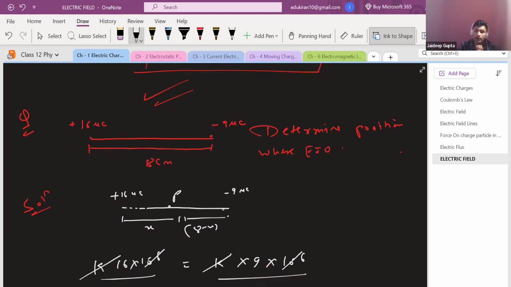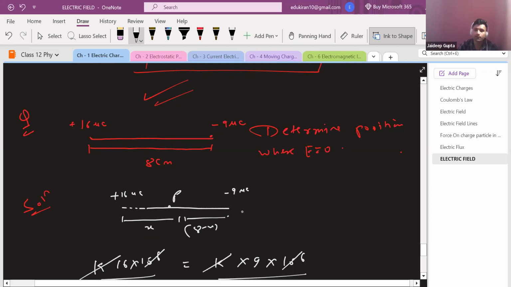But as I told you, if the point lies somewhere between these two charges, it's impossible that the net electric field at that point equals zero. Let P be the point between these two charges. The direction due to the positive charge is towards right, and due to the negative charge, again right. So the direction of both electric fields is the same. Hence, the electric field at point P will not be zero.